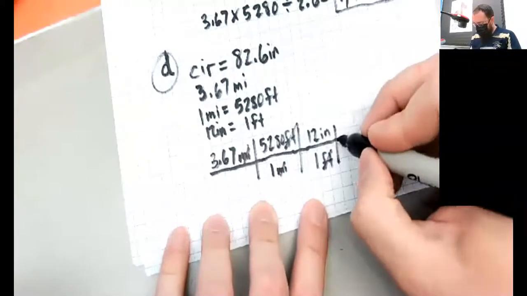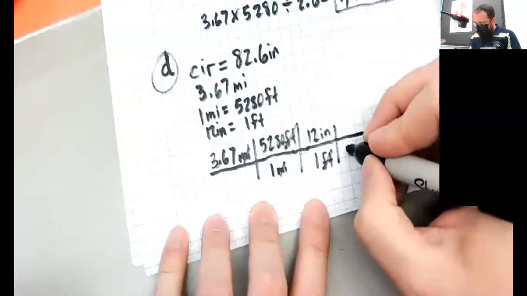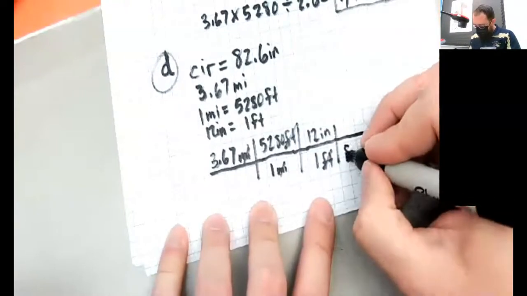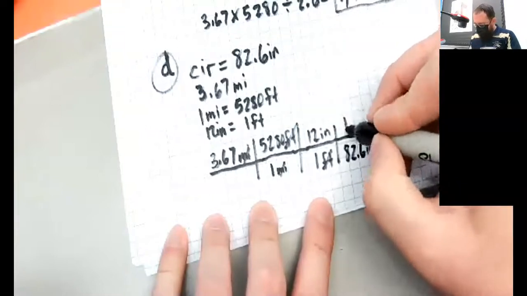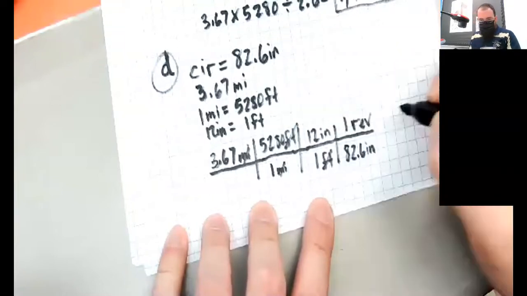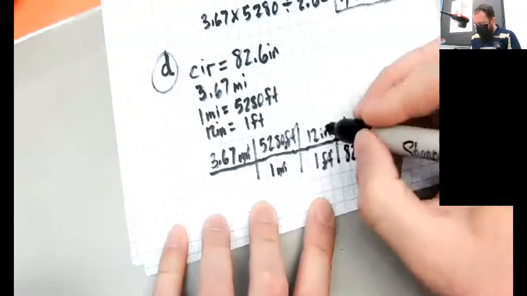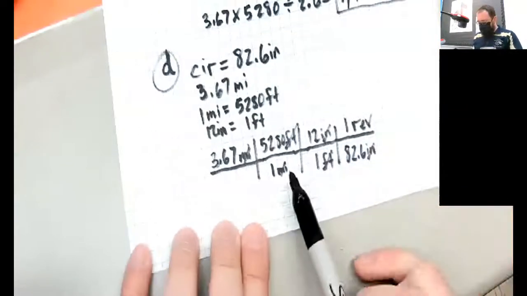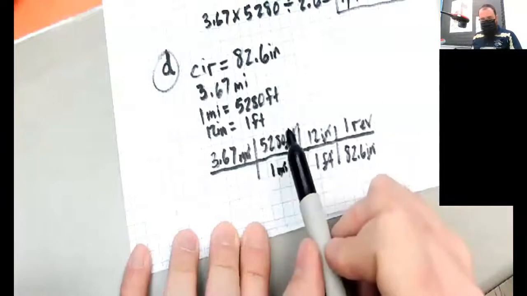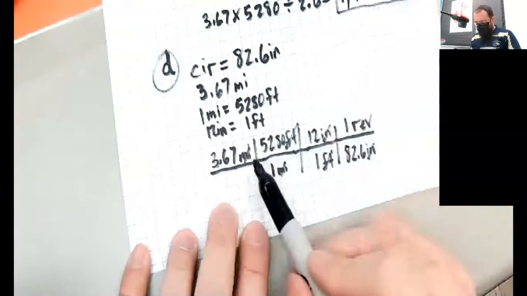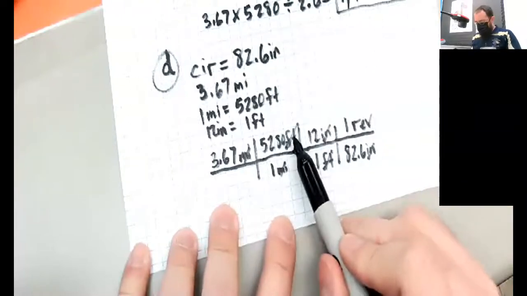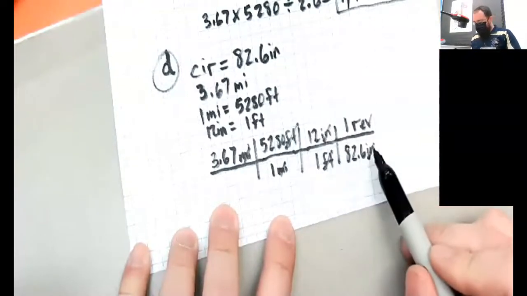And inches now at the bottom, 82.6 inches is 1 revolution or rotation. Inches cancels out. See how every unit cancels out? I put the next unit at the bottom and the new unit on the top. So I can go from miles to feet, feet to inches, inches to revolutions.